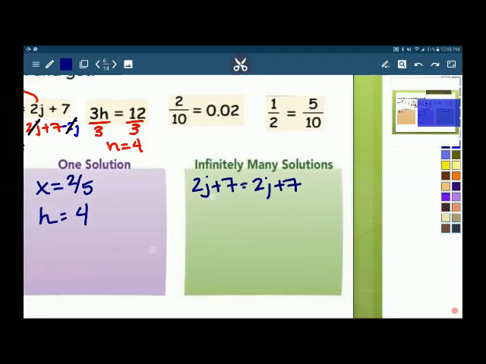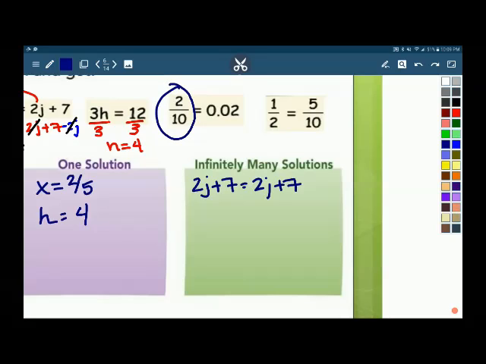Got a couple more here, 2 more in fact. I have 2 over 10 is equal to 0.02. Now, this is actually 2/10, and this one, the 2's place value is in the hundredths. So if I were to change this into a fraction, it would actually be 2 over 100, which is different than 2 over 10.